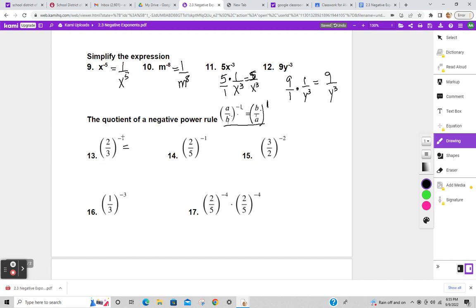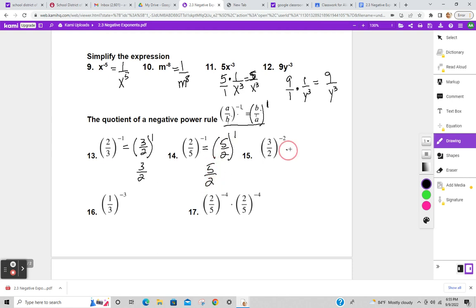All right, so 2/3 to the negative power is equivalent to 3/2 to the first power. And we can leave out the 1. We can just give our answer this way because it means the same thing. So this will give us 5/2 to the first power, which is just 5/2.